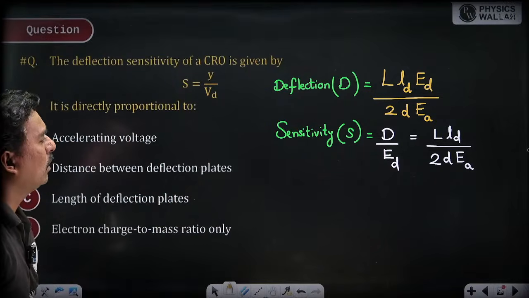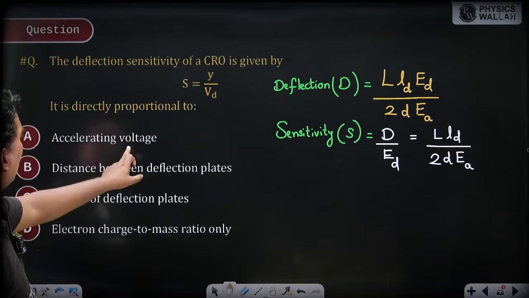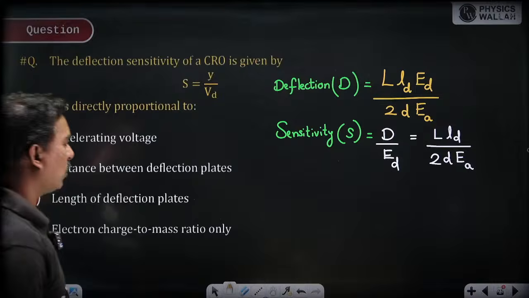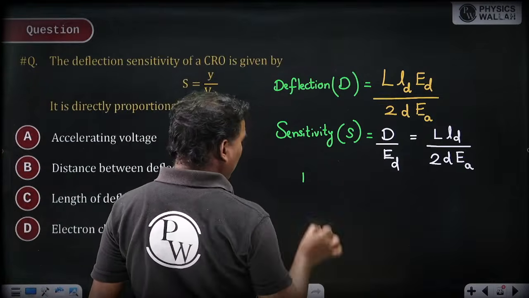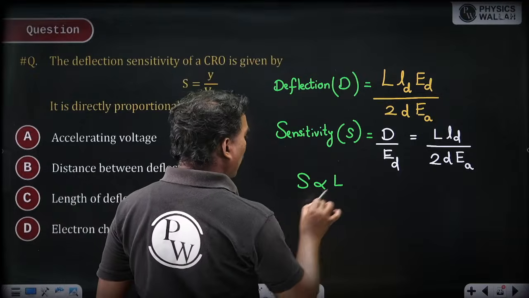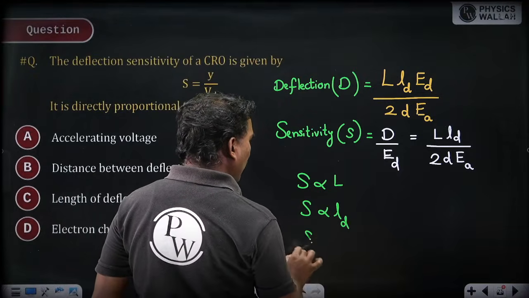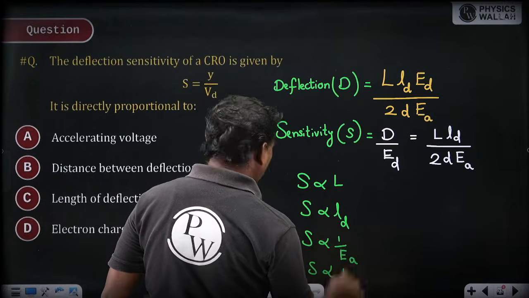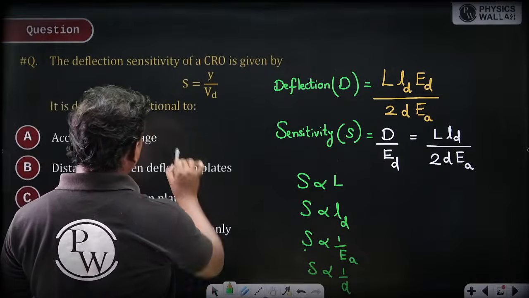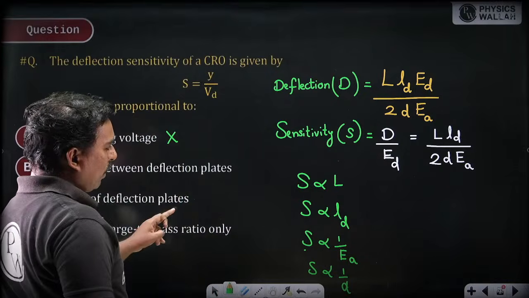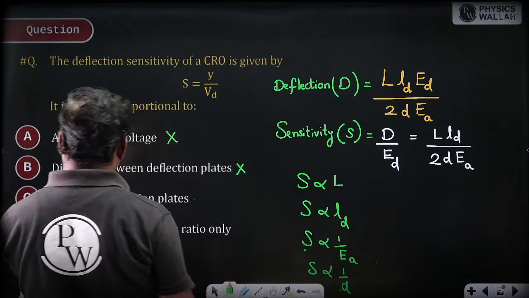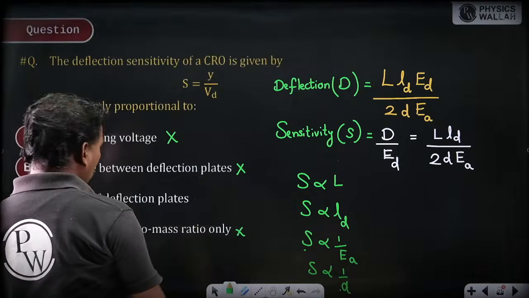So now if you see, the sensitivity is proportional to L, the length of the deflection plates, and inversely proportional to the accelerating anode voltage and inversely proportional to the distance between the plates. So accelerating voltage is inversely proportional, so it's wrong. Distance between the plates, small d, is also wrong. Electron charge to mass ratio is also wrong. So this is the right answer.